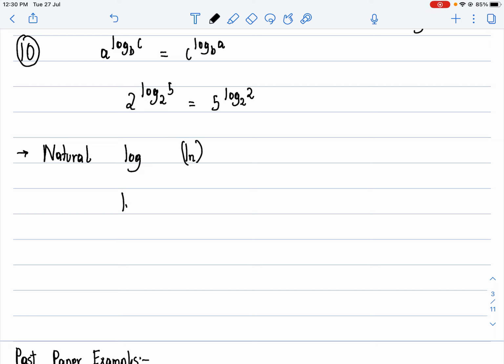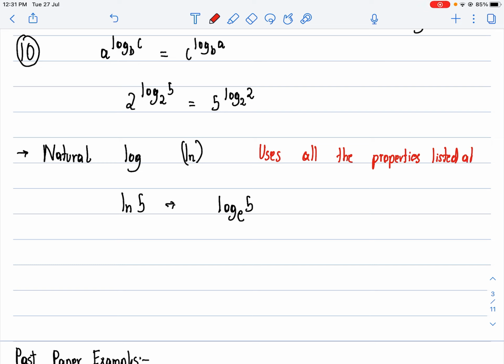Let's say if I have something like ln 5, it's basically log of 5, but the base is e. Okay, that's the only difference between a log and a natural log. And the ln uses all the properties listed above.